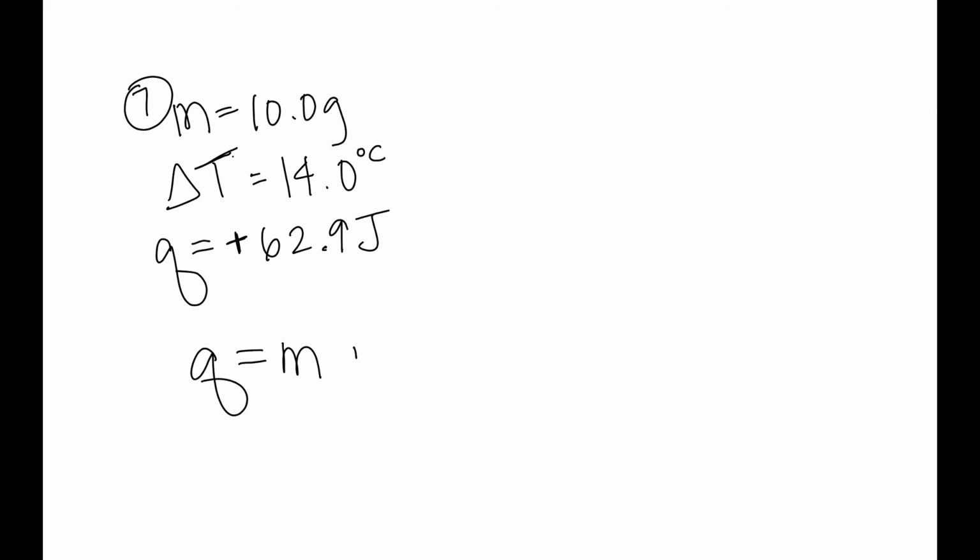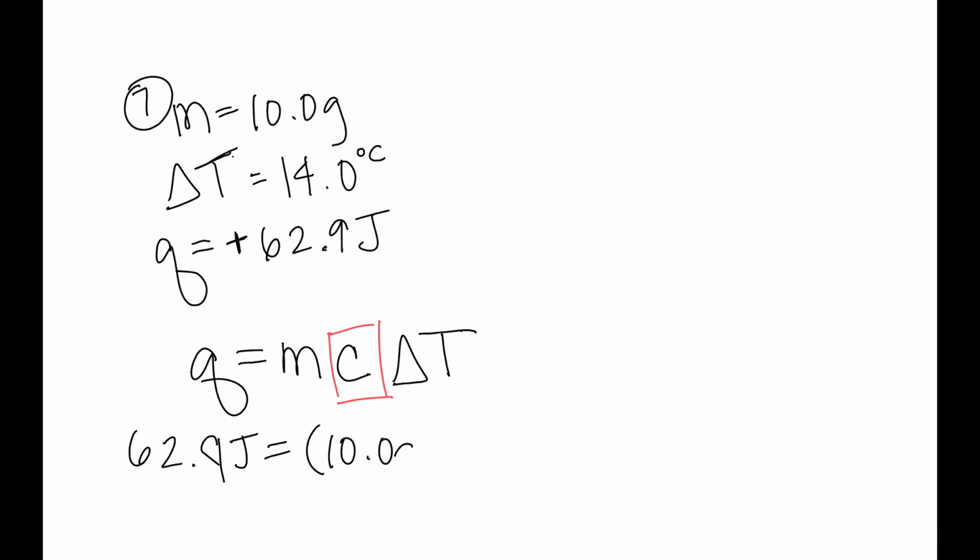Okay, that should bring to your mind a specific equation, which is Q equals M times C times delta T. So all you're trying to find out is this value right here, your C. You have all other values, so you can plug those in. So for Q, I'm going to plug in 62.9 joules equals my mass, which is 10.0 grams, times my C, which I don't know, times my delta T, which is 14.0 degrees Celsius.